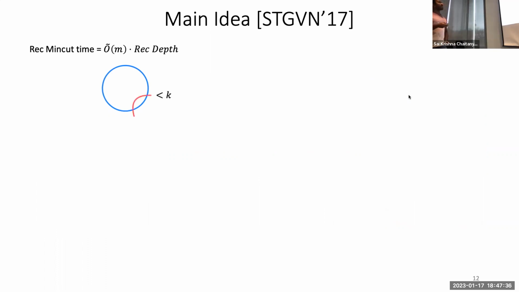Okay. So the main framework that the algorithm follows is actually the idea from Chekuri et al. The runtime of the recursive min cut algorithm is O tilde m times the recursion depth, and the recursion depth can be omega of n. That is when each and every time the less than k min cut that we are cutting only cuts order of 1 vertices.